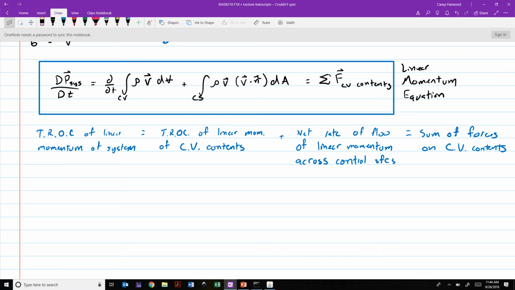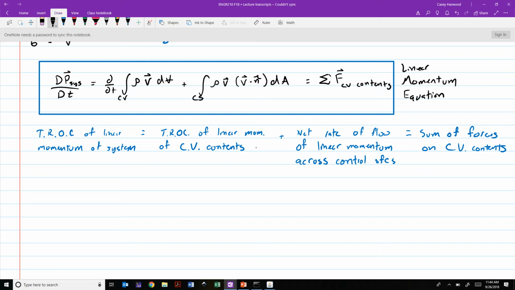Okay, a couple of notes. We're almost through with our definitions and derivations and moving on to examples here. But I mentioned that I would get into this idea that we're dealing with a vector quantity now, a vector equation. Before, with conservation of mass, it had exactly the same form, exactly the same kind of interpretation, but it was a scalar quantity.